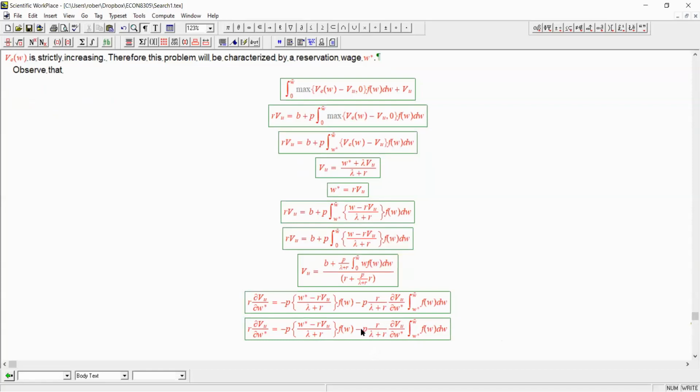And that means adding this expression to both sides. Factor out this derivative, and divide both sides by this expression. And we end up with this.